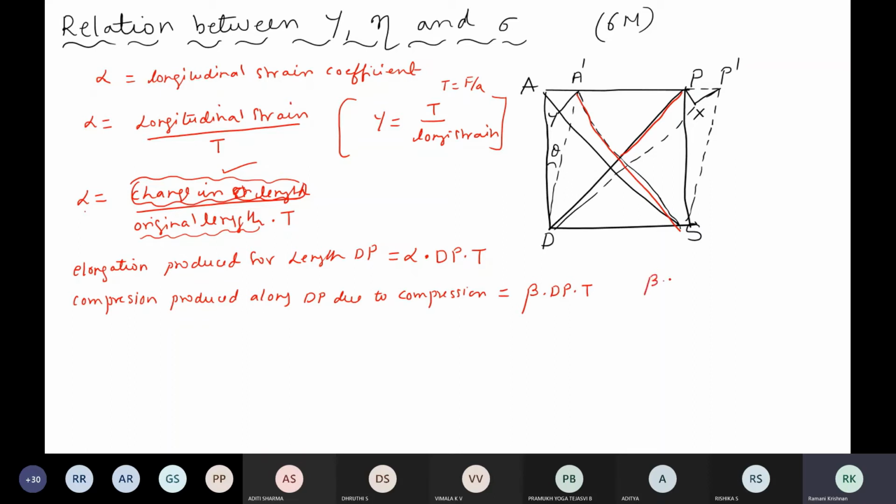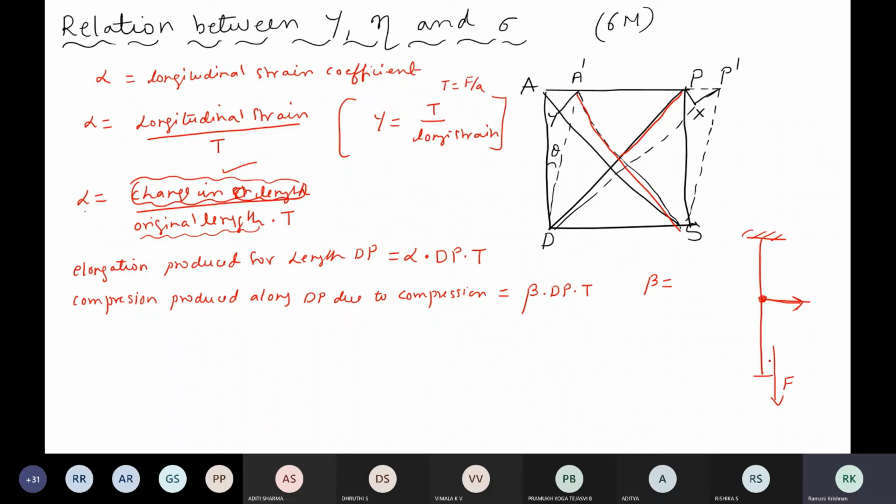Because beta is what we saw yesterday. Beta is the lateral strain coefficient. It is acting perpendicular to the, do you remember this diagram? I have drawn one wire here. If this force is trying to increase the length of this wire, there is another change happening perpendicular to this force. This is called lateral compression.